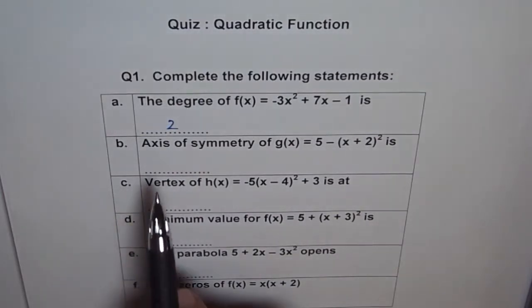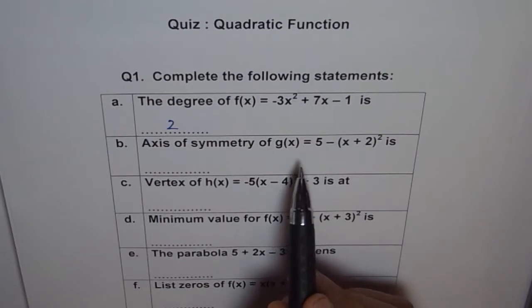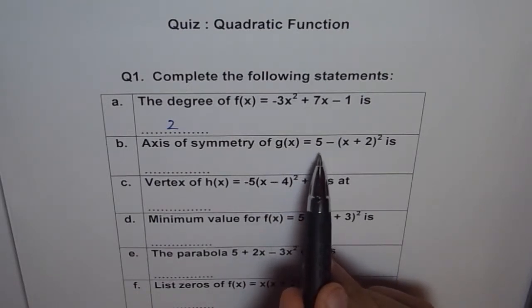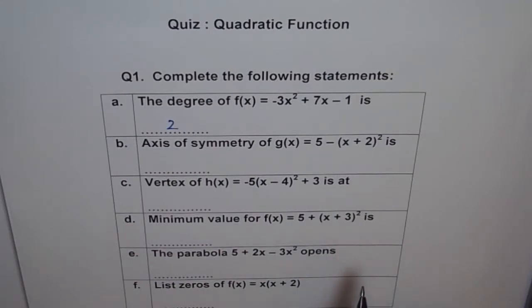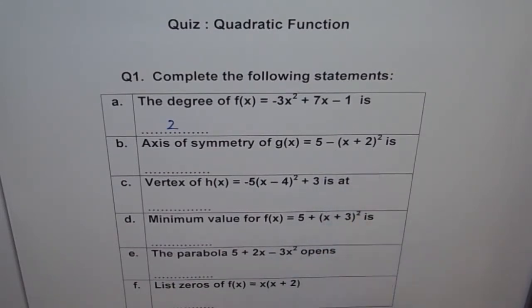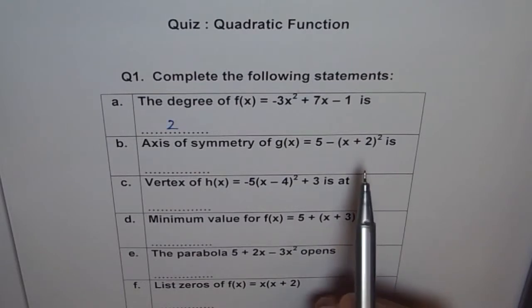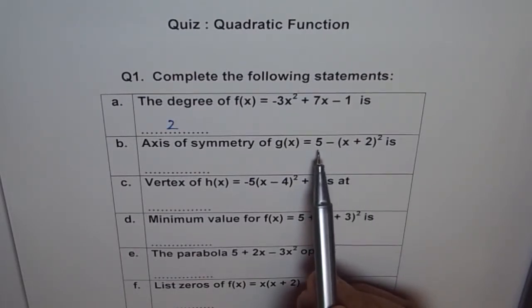Now, second question is, axis of symmetry of g of x, where g of x equals to 5 minus (x plus 2) whole square. So actually this is given in vertex form, and you can see that this function has a vertex at x equals to minus 2 and the y value is 5.